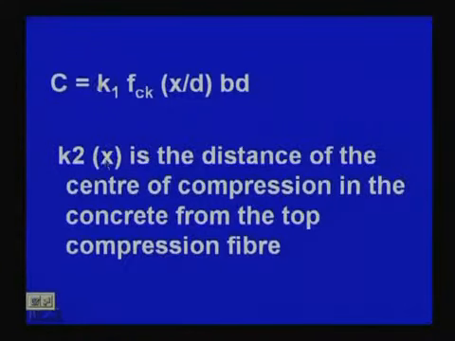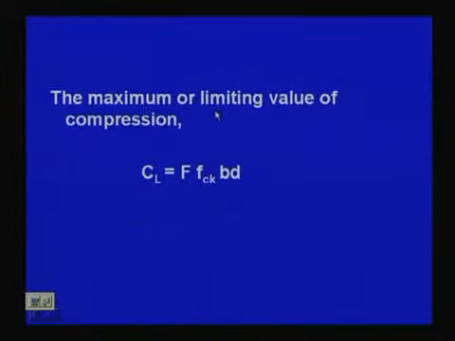So K2x, so one parameter is K1, the other parameter is K2. And the third one, the maximum or limiting value of compression, F times fck bd. So one parameter K1, another parameter K2, and the third parameter we are taking F.